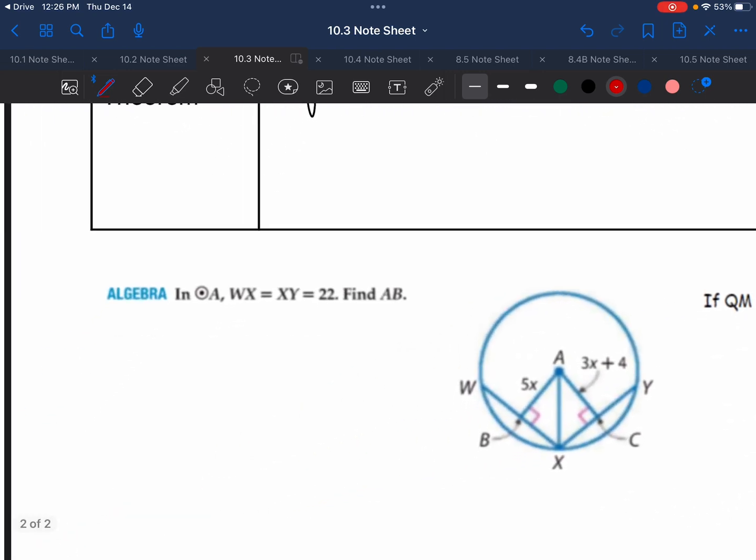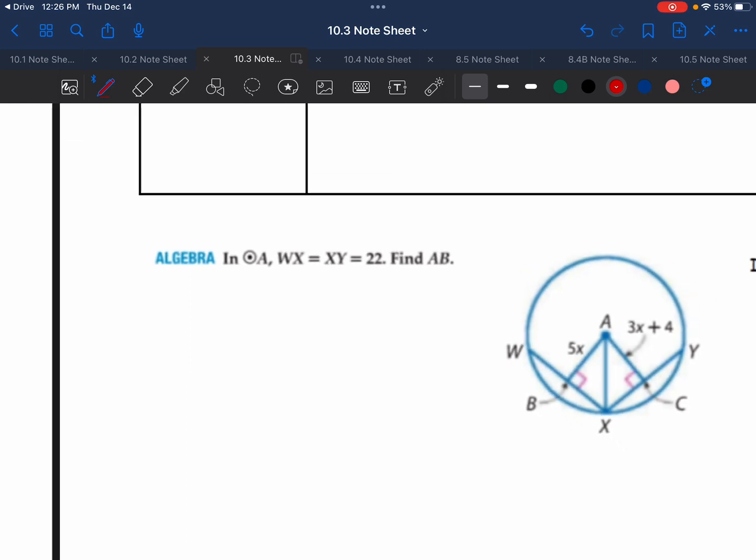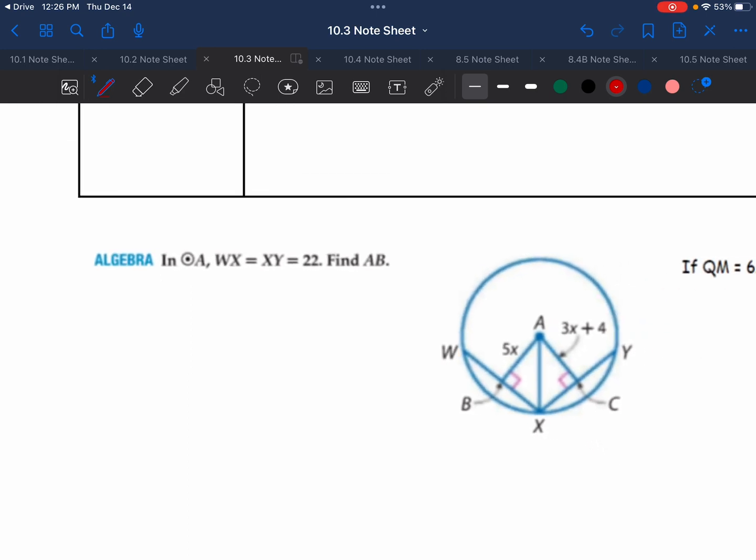All right, two more examples. In circle A, WX equals XY, which equals 22. Find AB. So we want to find this length here. All right, so those two chords are congruent. WX is congruent to XY.